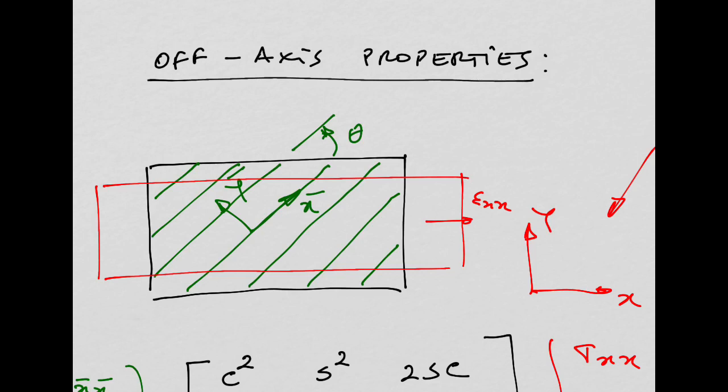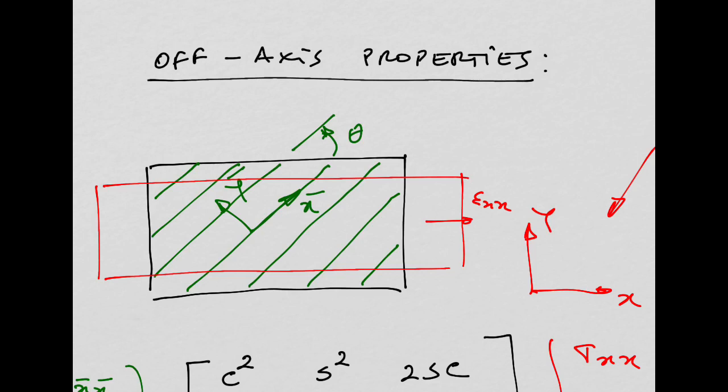But the stress along the fiber direction in the green axis, sigma x bar. Because then I can say, okay, my fibers are able to carry this stretching. You know what I mean? So we are going to see a failure criteria for composites, the Tsai-Hill criteria, where we have to do exactly something like this.